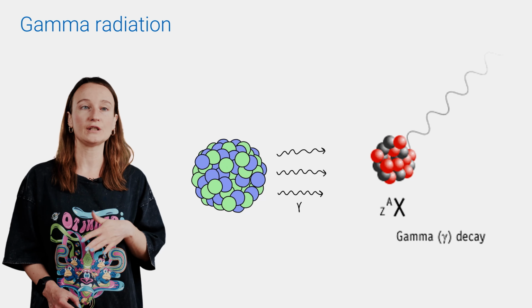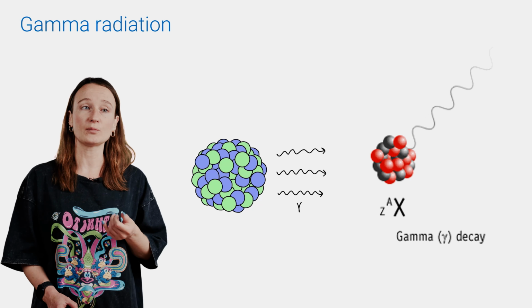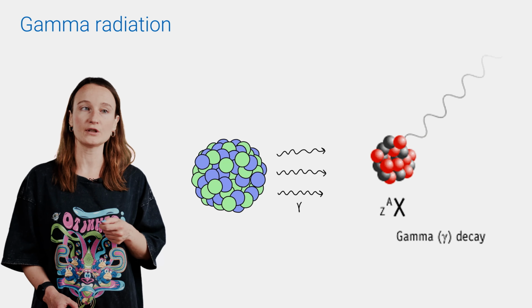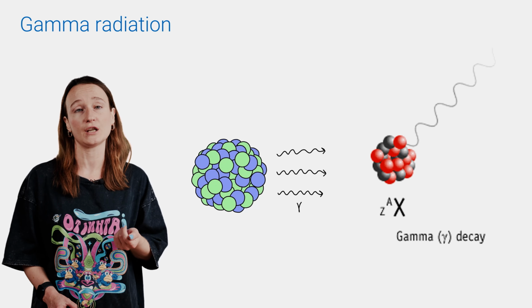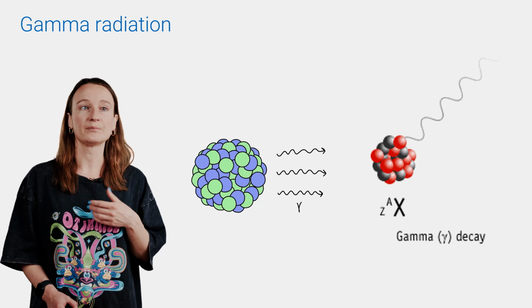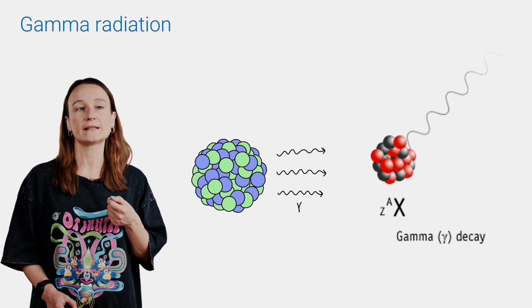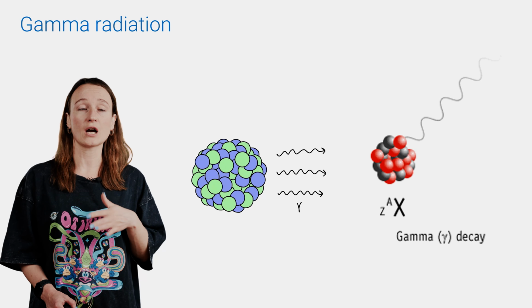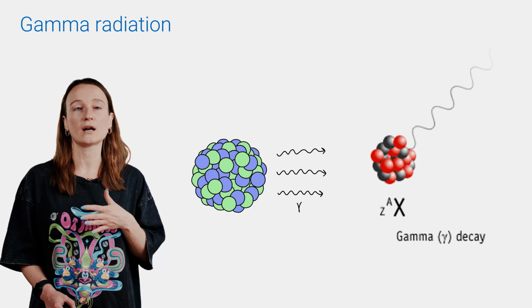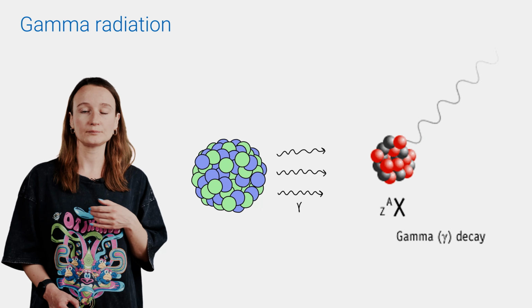Gamma radiation is a radiation of nuclear origin. It is emitted by nuclei of atoms during alpha and beta decay of natural and artificial radionuclides. It occurs in cases where the daughter nucleus contains excess energy not carried away by corpuscular radiation, alpha and beta particles.